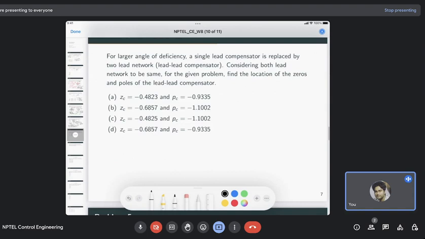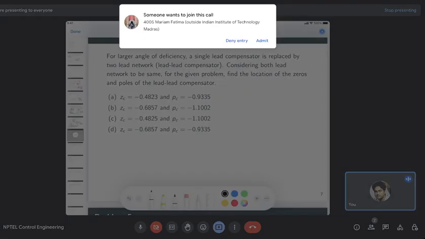The next question is: we already have a single lead compensator, but now consider that the angle deficiency is very large. Then instead of one lead compensator we can use multiple lead compensators, like two, each contributing some angle, so in total they contribute the desired positive angle that is required.